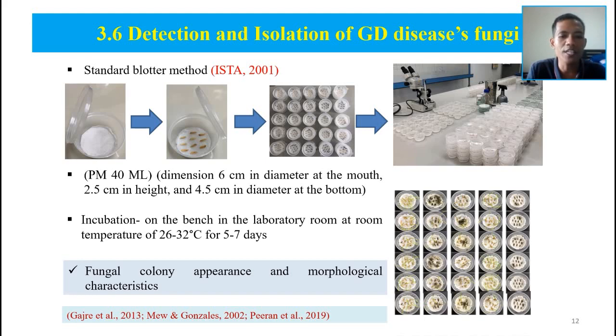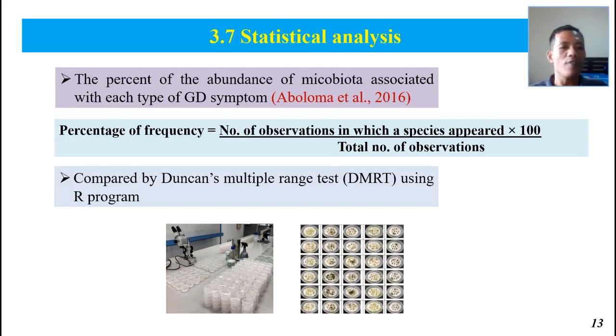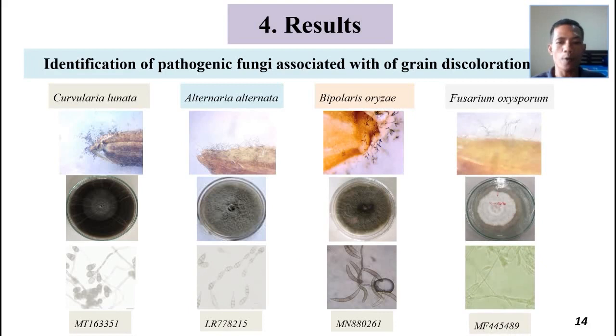After that, the incubation was left at room temperature for 5 to 7 days. After 5 to 7 days, I identified the fungi according to colony appearance and morphological characteristics. Finally, I calculated the percentage of abundance of the microbiota associated with each type of GD symptom, and I compared among the treatments using DMRT, using an R program.